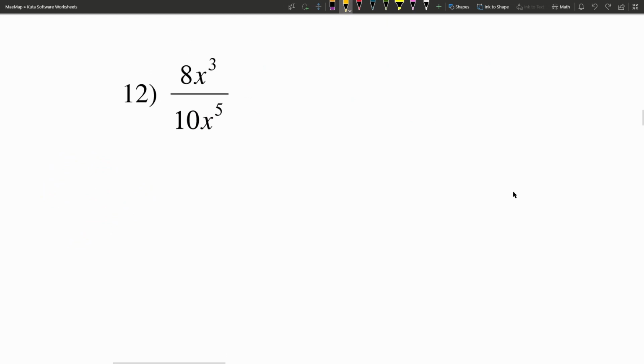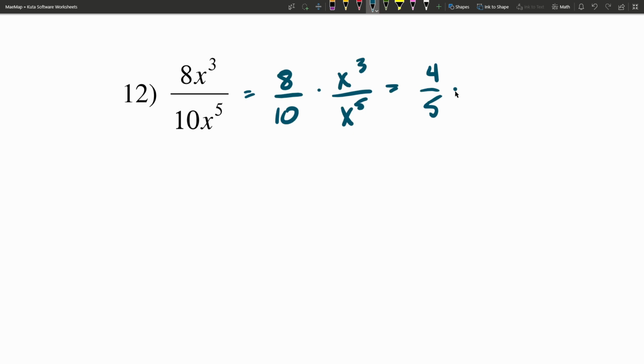In number 12, we have 8x cubed divided by 10x to the 5th. So this is going to be 8 over 10 times x cubed over x to the 5th. 8/10 are just my coefficients out in front of my x cubed and my x to the 5th. But 8/10 can be simplified down because both are divisible by 2. So this can be written as 4/5, and then we're multiplying that by x to the 3rd over x to the 5th, which is x to the 3 minus 5.